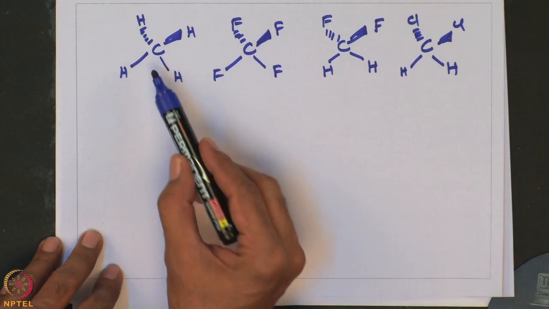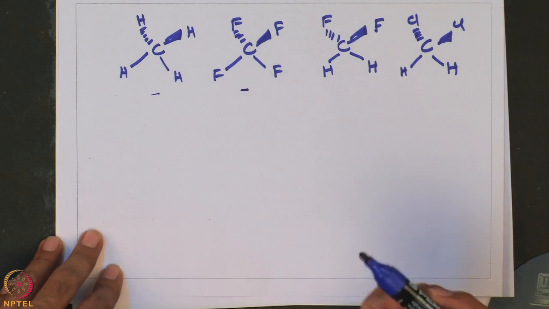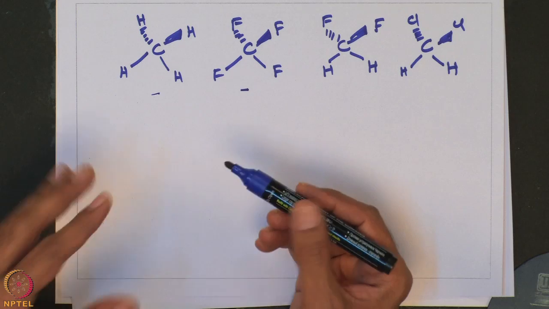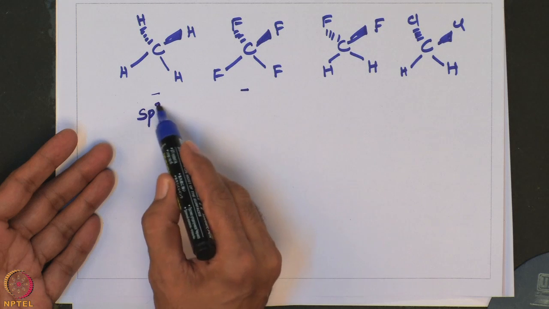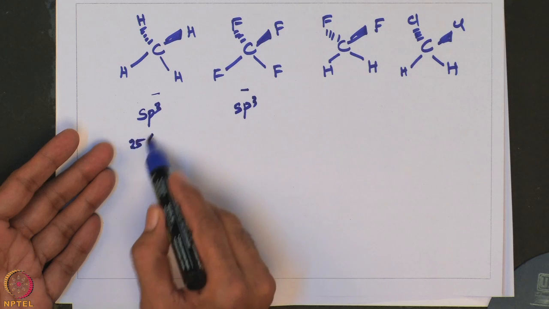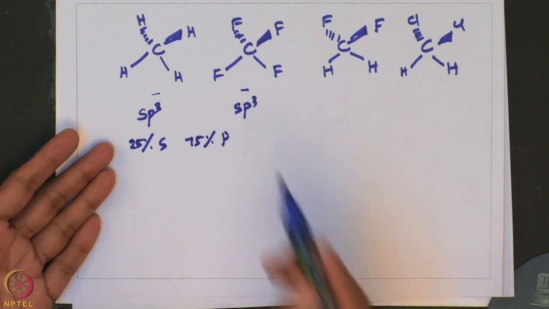In case of methane and in case of tetrafluoromethane, no issues, all bonds are identical. As a result, each sp3 has 25% s character and 75% p character.